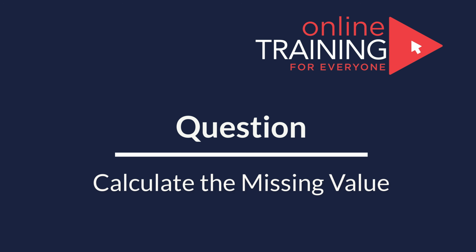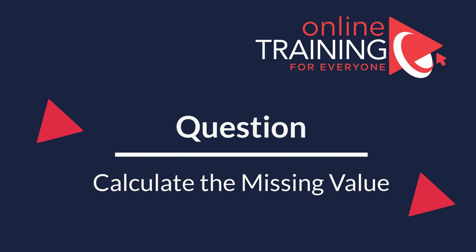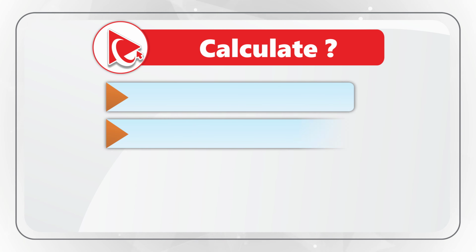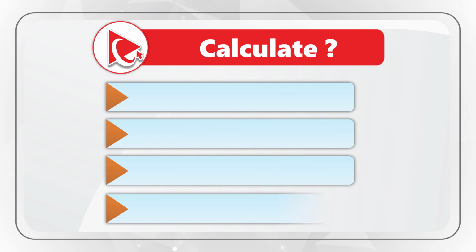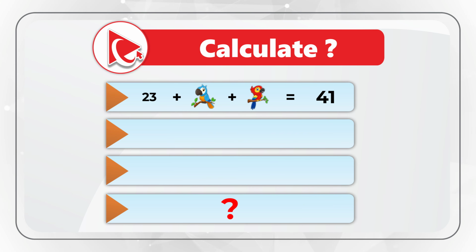One of my favorite questions is where you need to calculate the missing value. You're presented with 3 equations, and in the fourth equation, the result is missing. The first equation is 23 multiplied by blue parrot plus red parrot equals 41. Second equation, 19 plus blue parrot equals 31.